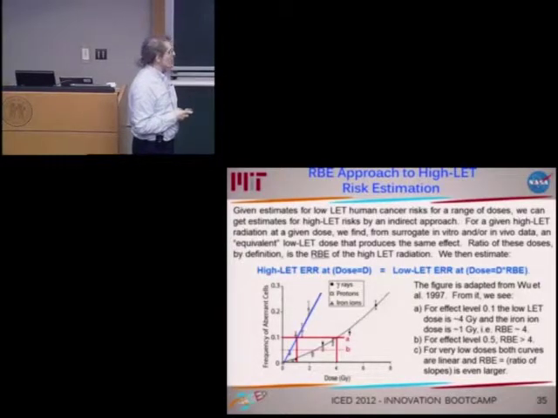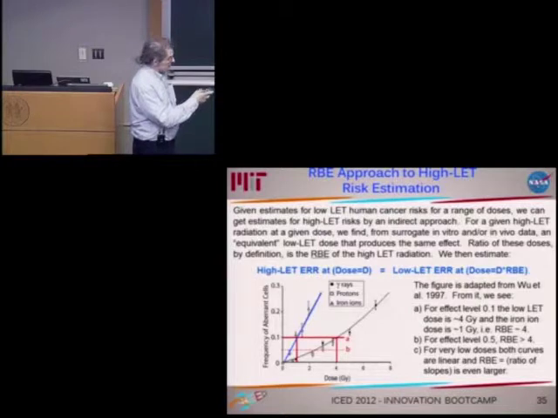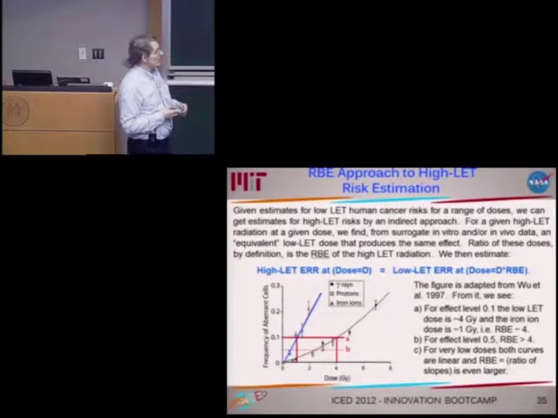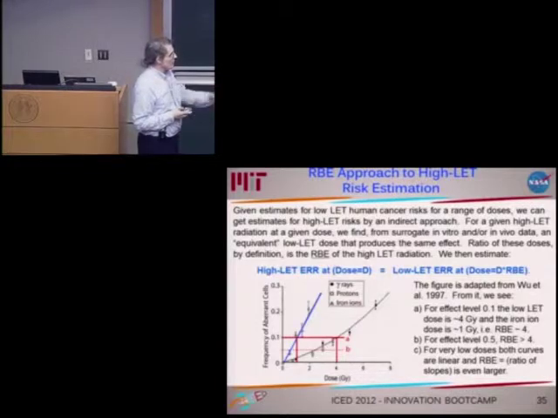Imagine these plots of our surrogate, the frequency of aberrant cells, and we depict here the typical case for the high LET and low LET with respect to the expression of the surrogate, and they do follow the expected patterns of being more or less linear given the densely ionizing nature of the high LET radiation, and then forming rather nicely the parabolic shape, the alpha D plus beta D squared shape for the low LET.